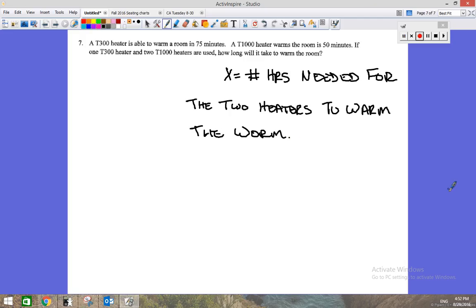Alright, so it's not 2 heaters, it's 3 heaters. I've got 1 of these and 2 of these for a total of 3. I cannot count.